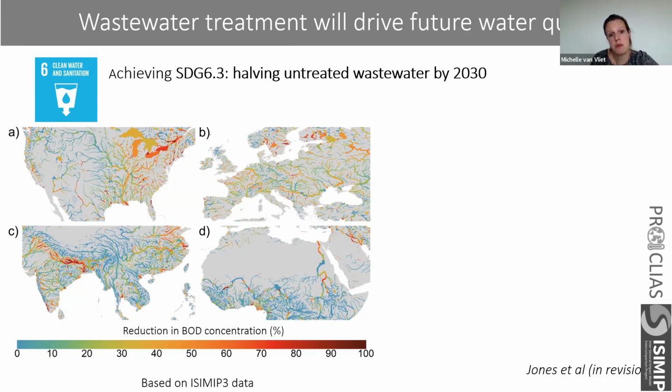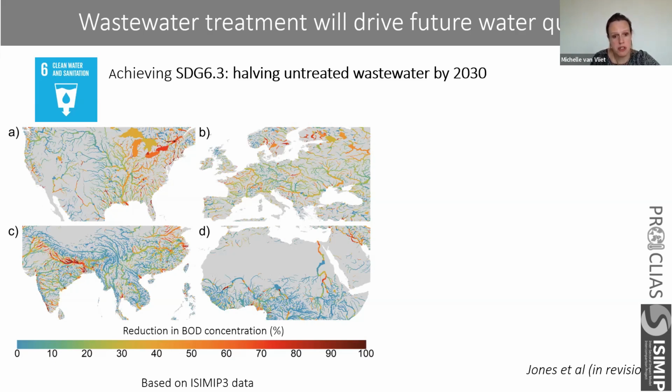As the basis for this, we used the DynQual surface water quality model and also this high-resolution wastewater treatment dataset that Edward developed. Based on that, we made expansions in wastewater treatment towards halving this proportion of untreated wastewater, and then simulated the overall impacts on surface water quality for different river basins across the world.